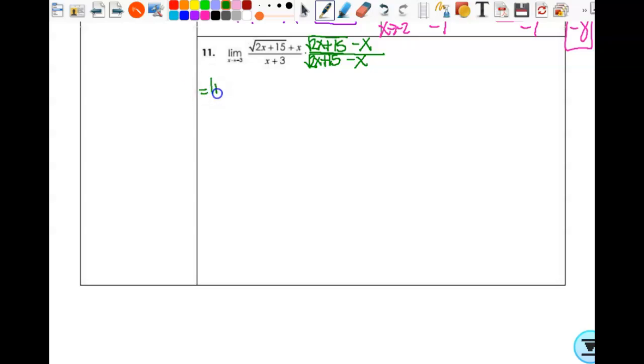This equals the limit as x approaches negative 3 of, now my difference of squares is in the numerator. So I square that square root, and I get 2x plus 15. Then minus, I square the x, and it's x squared. The denominator is going to be x plus 3 times the square root of 2x plus 15 minus x.